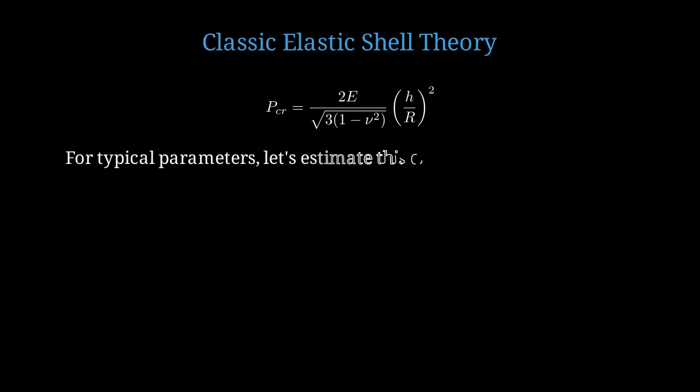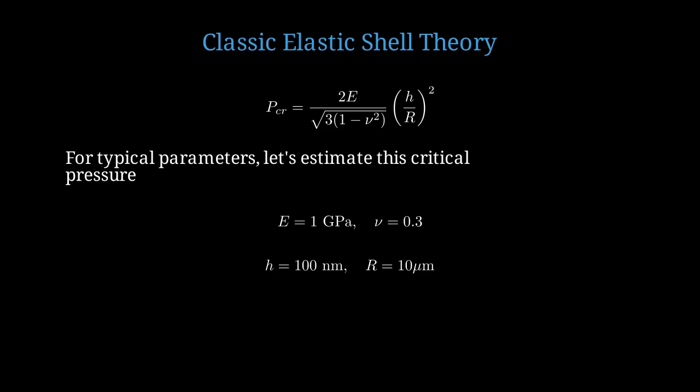Let's do a back-of-the-envelope calculation. Suppose we have a polymer shell with Young's modulus E equal to 1 gigapascal, Poisson's ratio nu equal to 0.3, thickness h equal to 100 nanometers, and radius r equal to 10 micrometers.